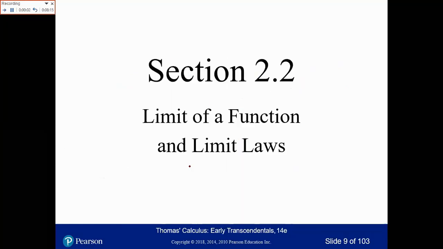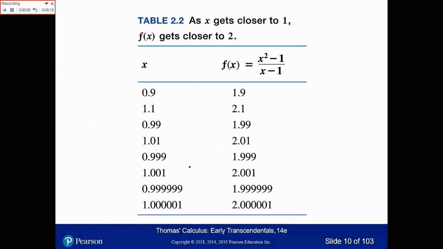Okay. Now we will go ahead and get into limits of functions. Let's take a look at this function, f of x equals x squared minus 1 over x minus 1. What we're going to do is just plug in a value for x. Let's start with x equal to 0.9.